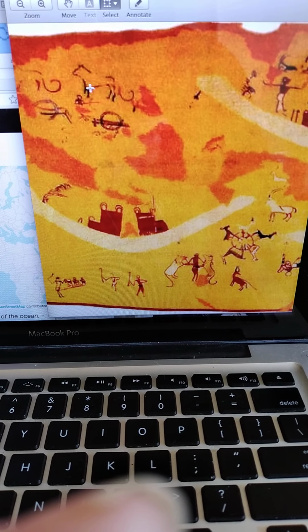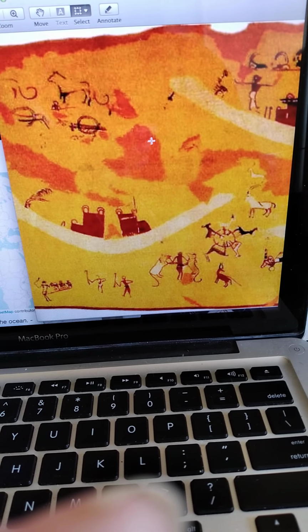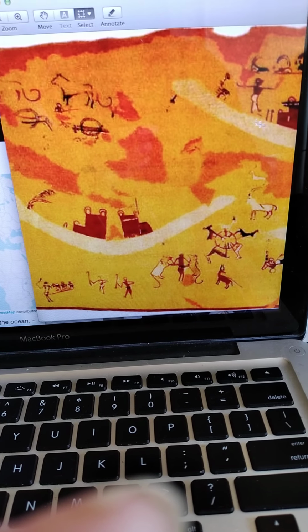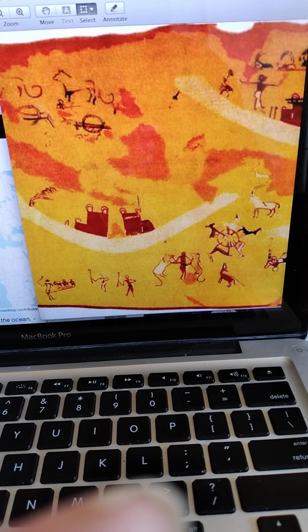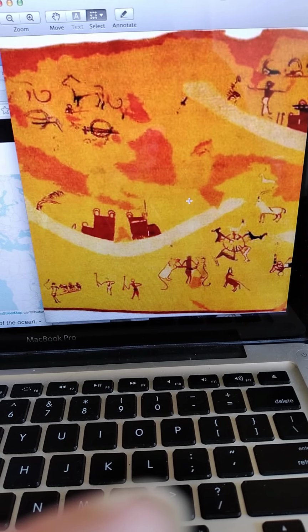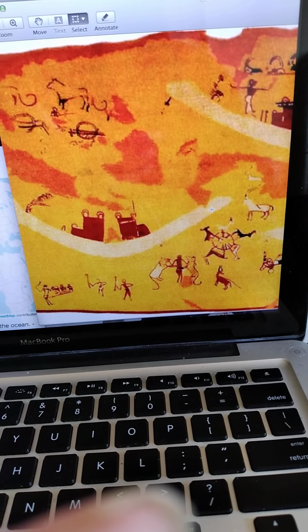I'm not sure though. If they're dogs, they could be like Anubis. And they have these boats that are significant and appear again in later versions from 4,000 years ago and 3,000 years ago and perhaps later.